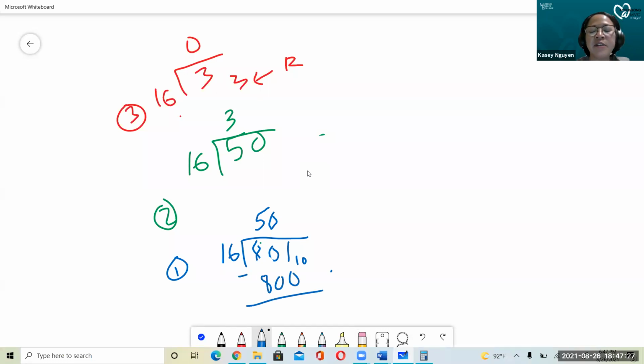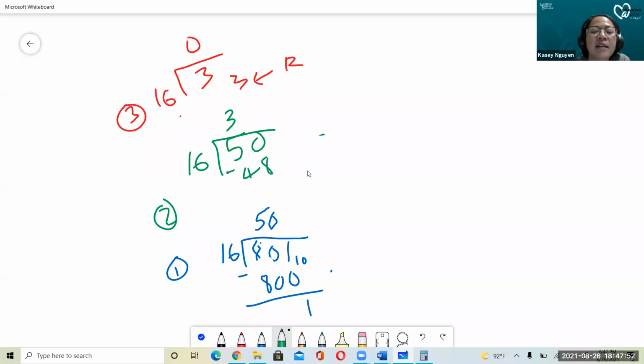If you subtract, you should have a 1. It's a long division process. Then the second step, 50 divided by 16 is 3 times because 3 times 16 is 48.